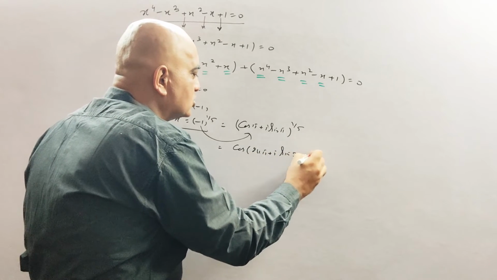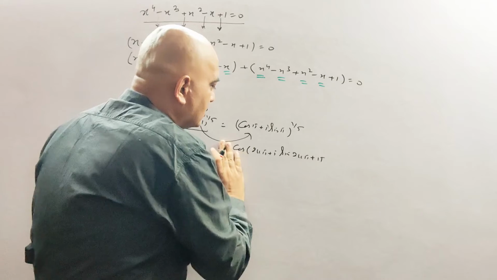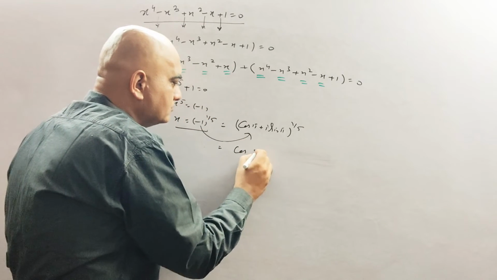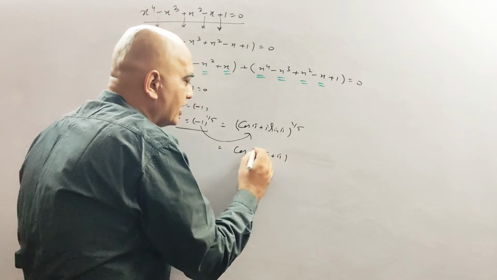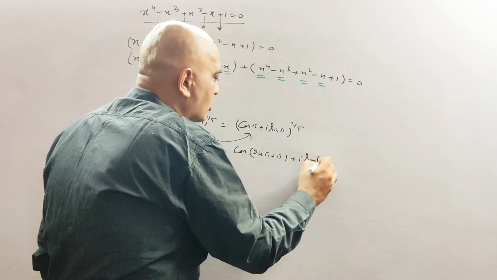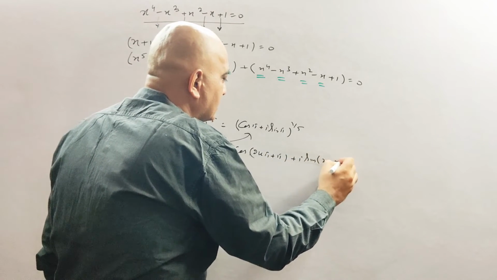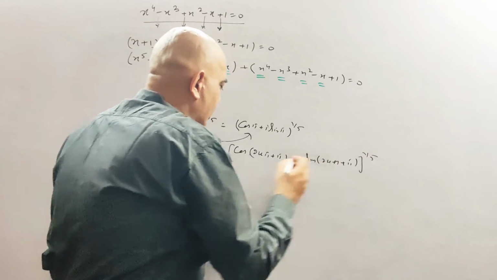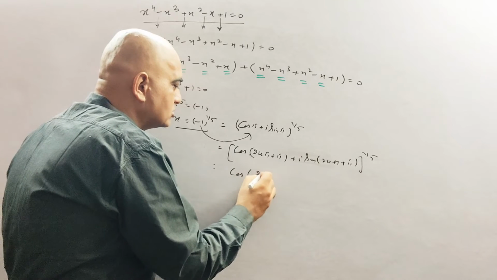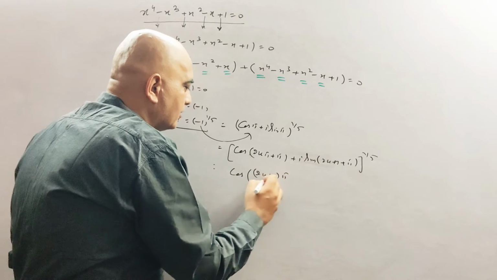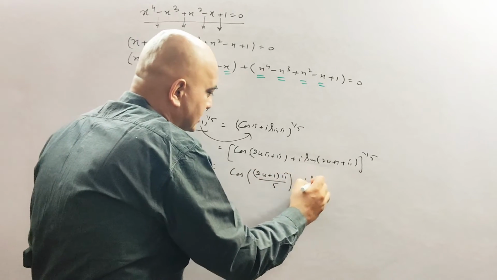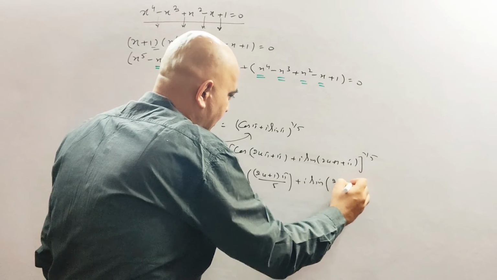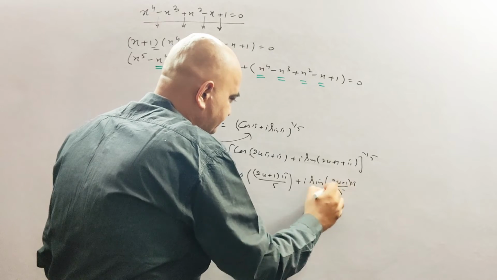We can write it as cos of 2k pi plus pi plus i sine of 2k pi plus pi, to the power 1 upon 5, right? That is cos of (2k plus 1) pi upon 5 plus i sine of (2k plus 1) pi by 5.